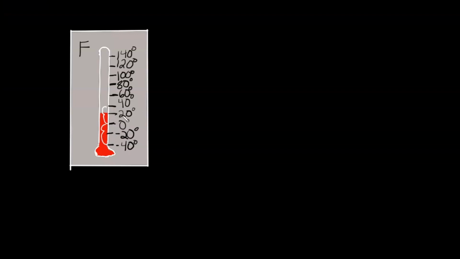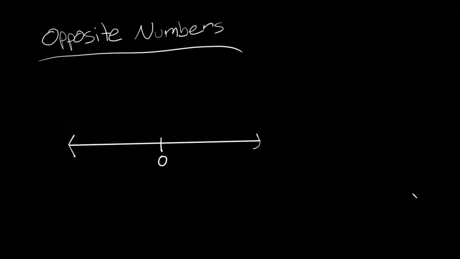Like I was saying earlier, each positive number has its counterpart in negative, meaning its opposite number. And this brings me to my next point, which is opposite numbers. Say we have 3 here. The opposite of 3 is just going to be the number in the opposite direction that 3 is going in.